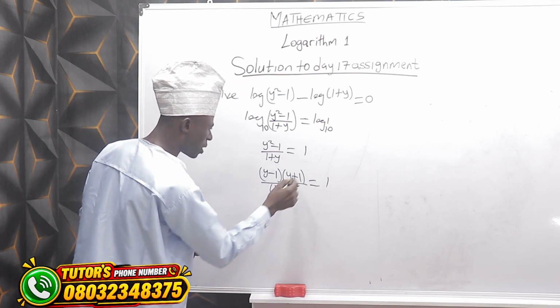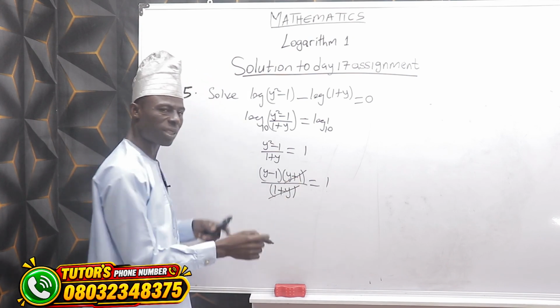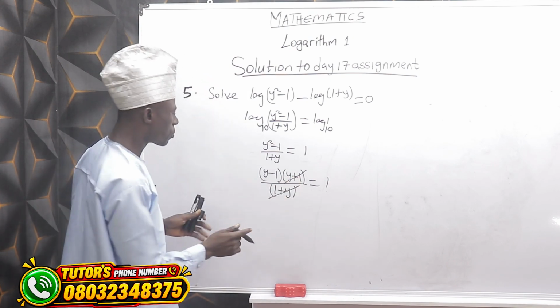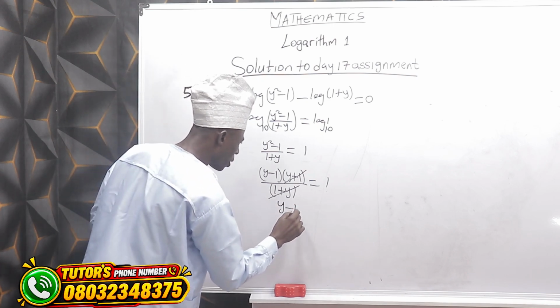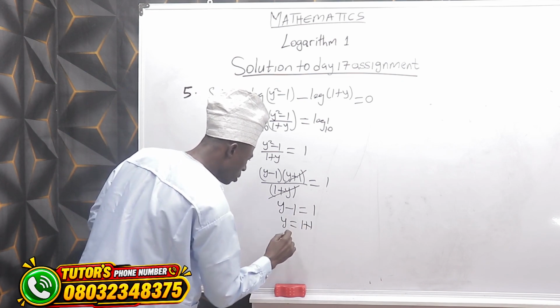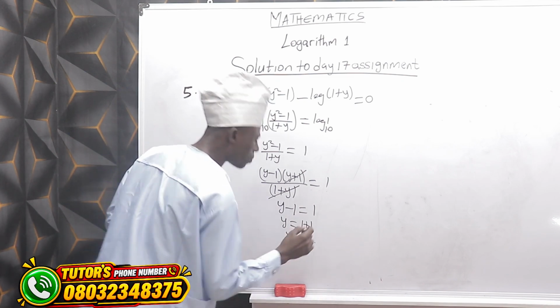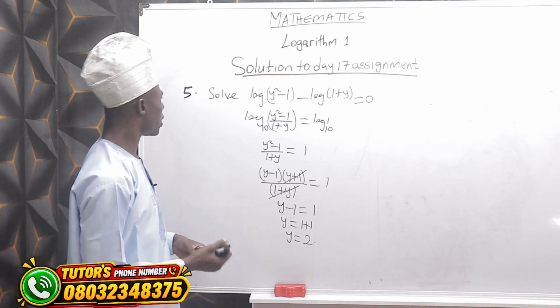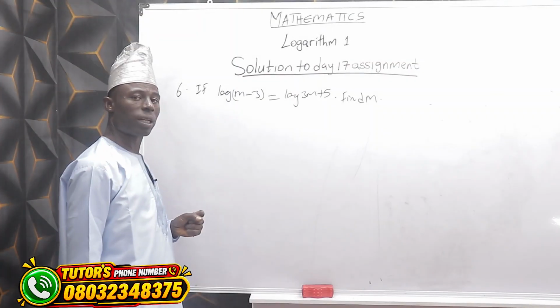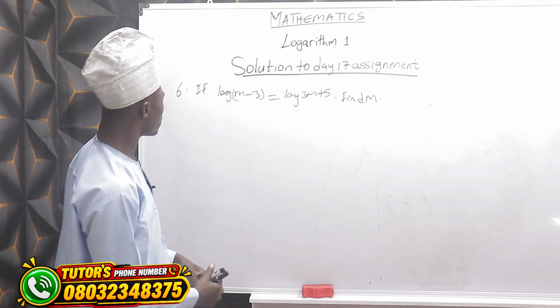This, we take care of this. Y plus 1 is the same thing as 1 plus y because of the rule of commutativity. So y minus 1 is equal to 1. So y equals 1 plus 1. Y equals 2. That is the end of that question. Let's go to the last question for the assignment.